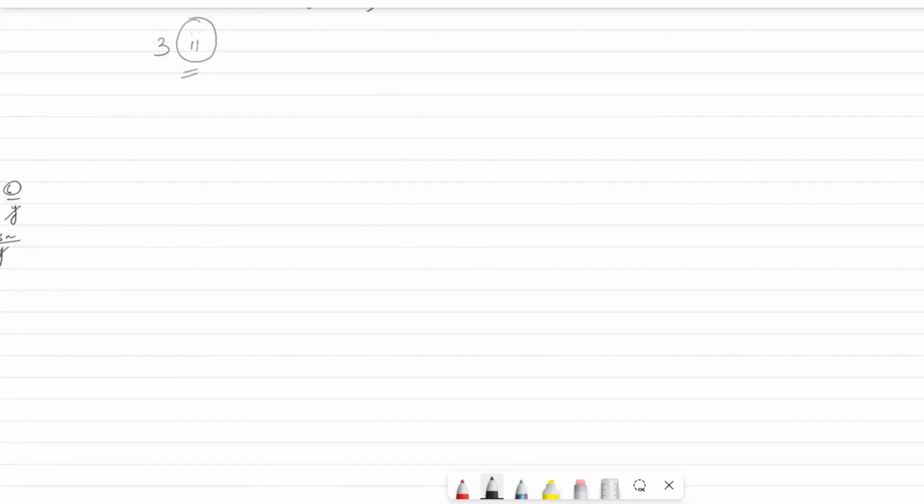Question number 3, second part is y is equal to under root (1 minus x) by (1 plus x). This under root can be written as 1 upon 2 power.